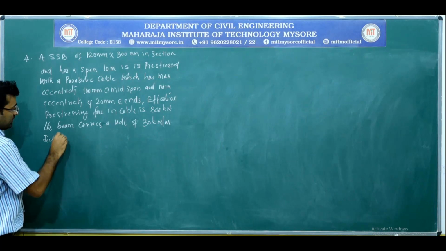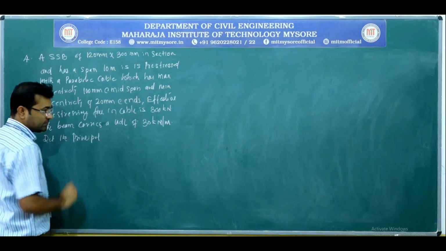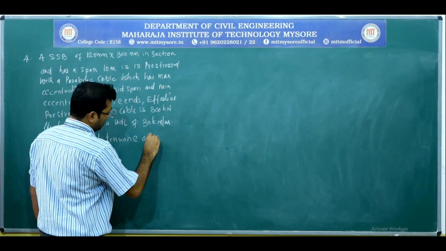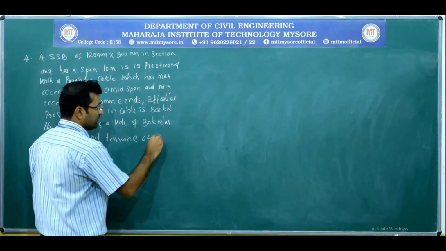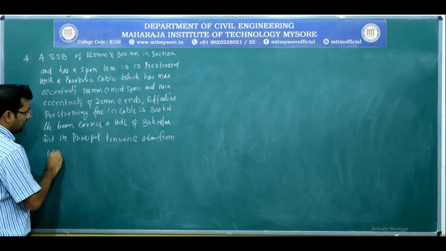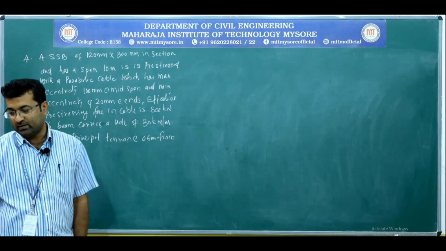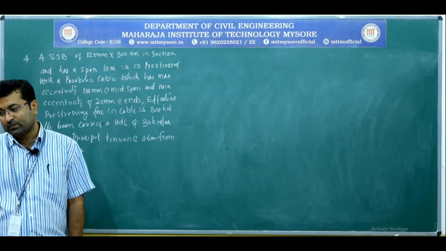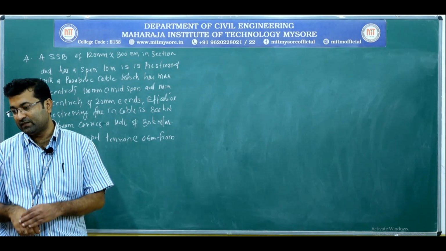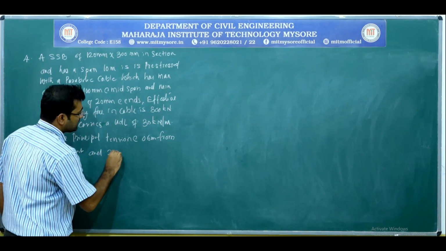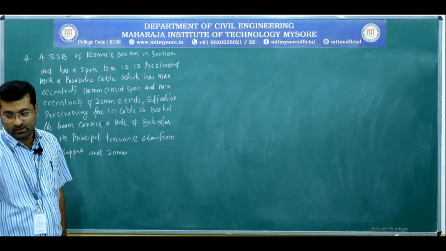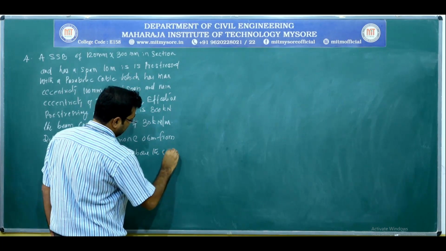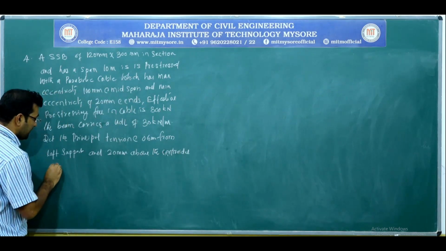Determine the principal tension at 0.6 meter from the left support and 20 millimeter above the centroidal axis. Okay.